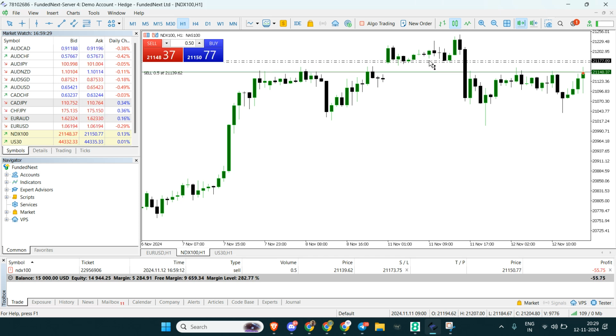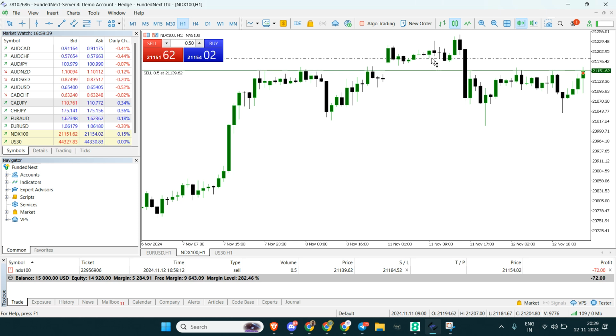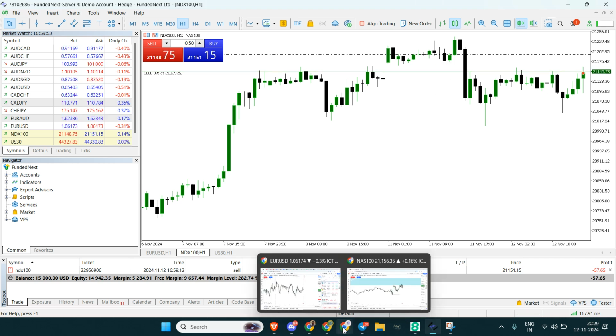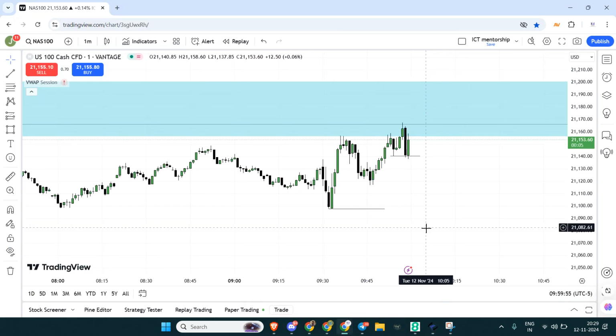So I think the price will go up and maybe there'll be another sweep in that level. So I'll be setting a risk of 1.5 percent there. And yeah, let's see. The trade is already executed and let's see what will happen next.